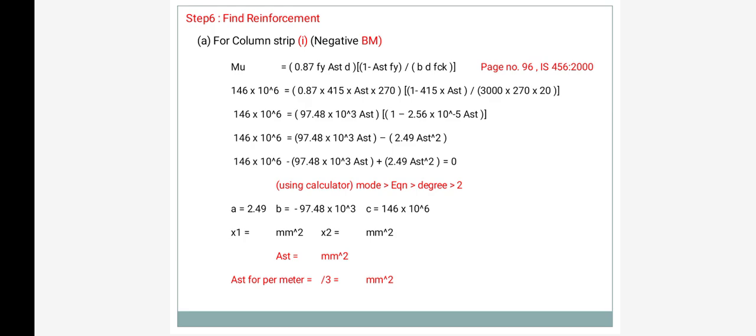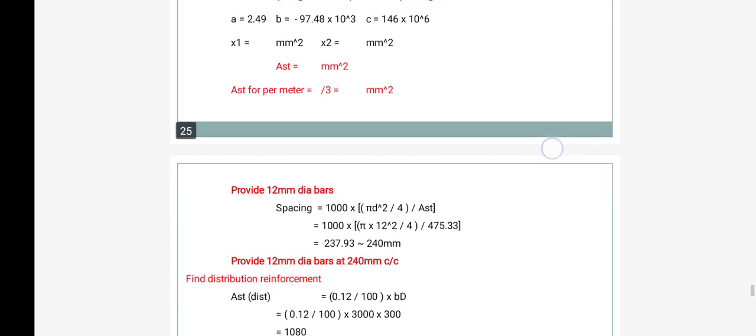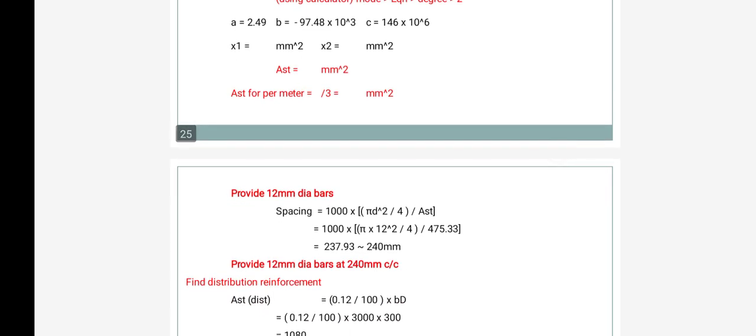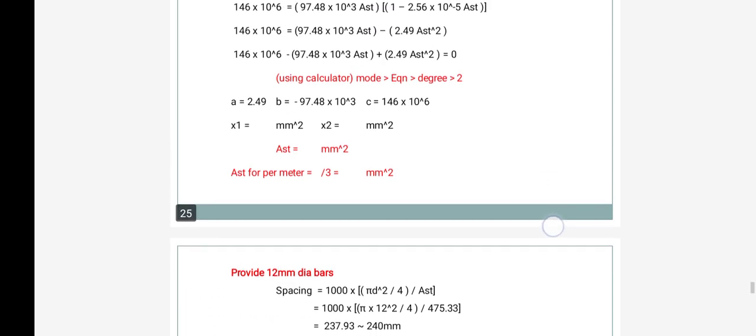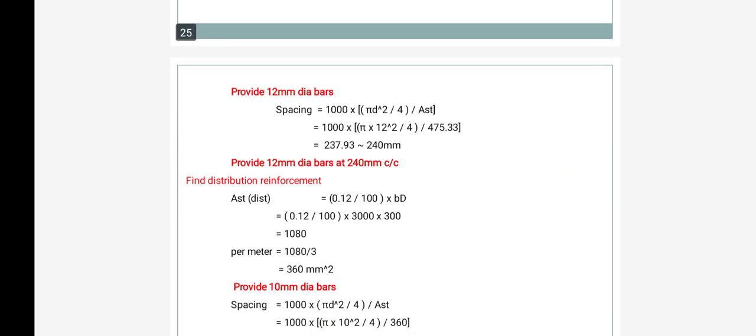Therefore Mu value is 146 into 10 power 6, that is the column strip negative bending moment value. Substitute all the values, then find the Ast. So Ast is equal to 475.33 per meter.